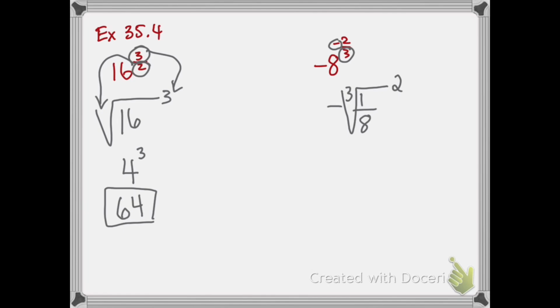Now we find the cubic root of 1/8, and that is 1/2, which again is to the second power. Now notice that there's no parentheses, so the negative is on the outside until the end. So 1/2 squared is 1/4 with the negative in front. And that is the answer.